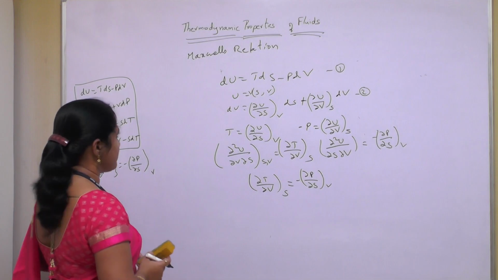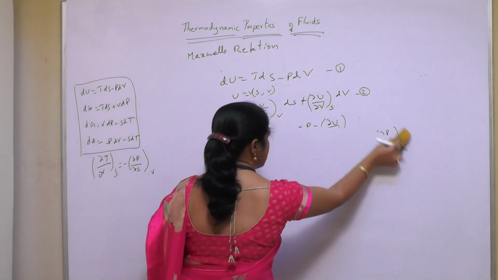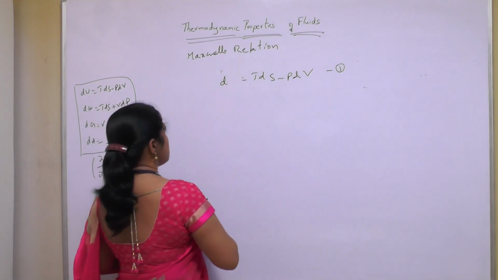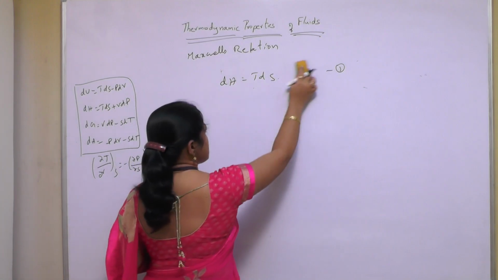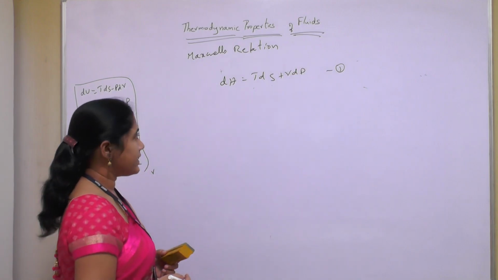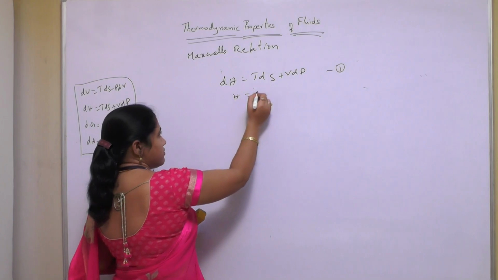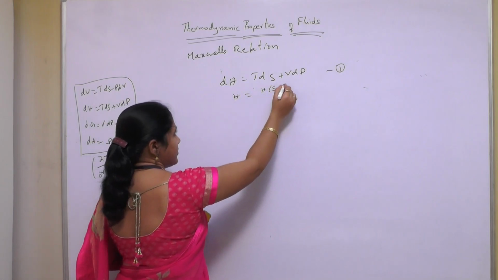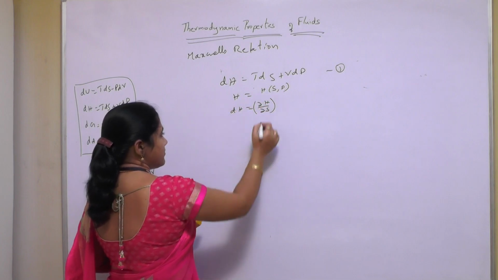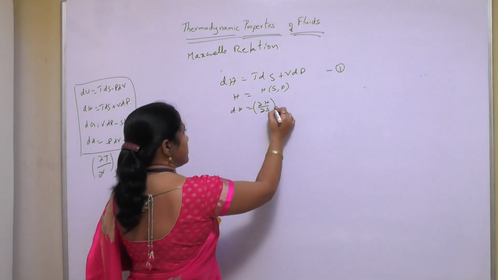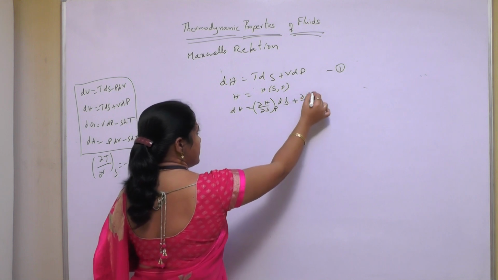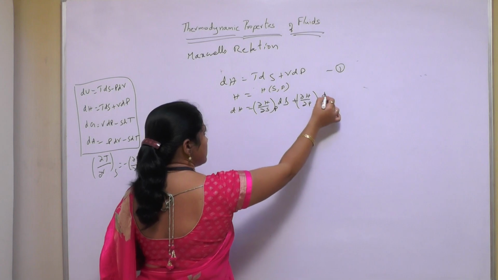Now from the second fundamental property relation, dH equals TdS plus VdP, and H is a function of S and P. So dH equals (∂H/∂S) at constant P into dS plus (∂H/∂P) at constant S into dP.